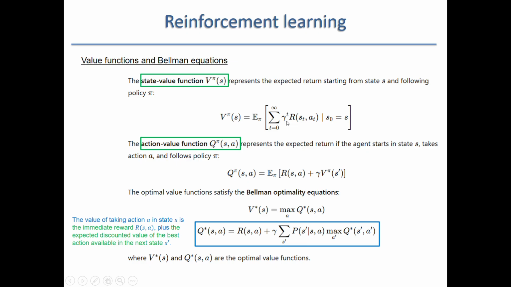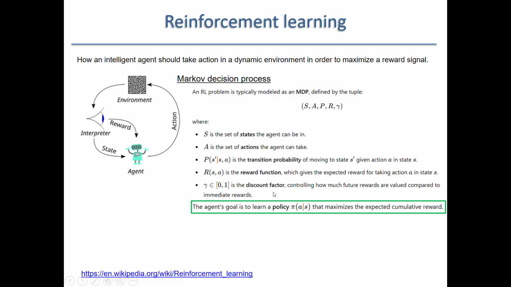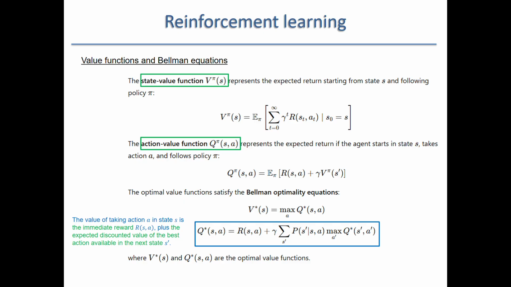This discount factor typically is, let's say, 0.9 or 0.99. That means that rewards that come very much later in the sequence are valued very little.